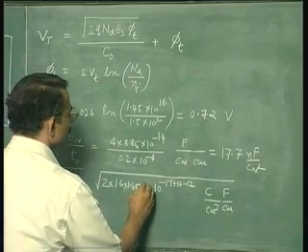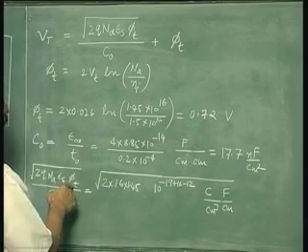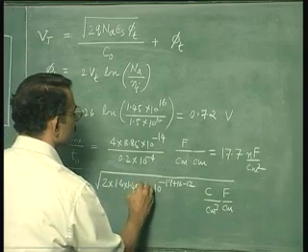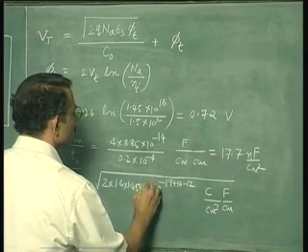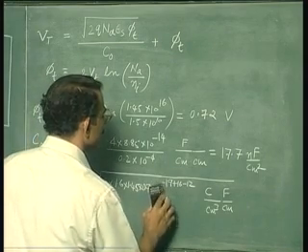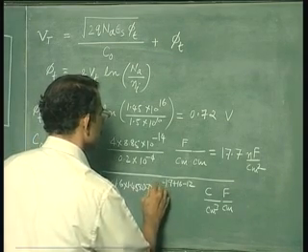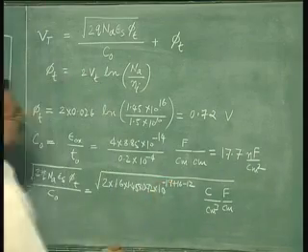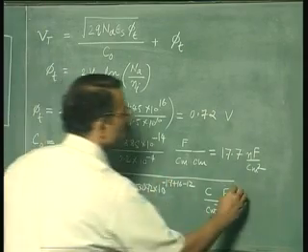Then you have to multiply by phi t, that is 0.72, into 10 power this, that is volts.